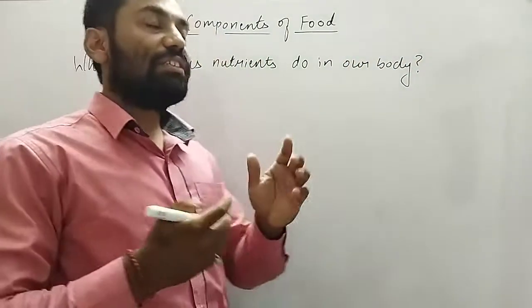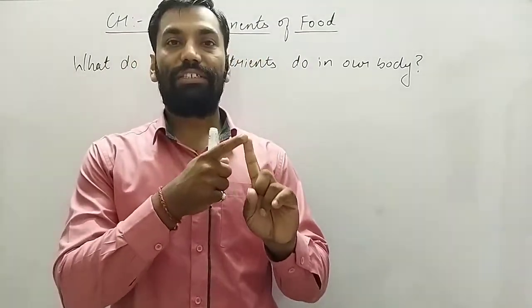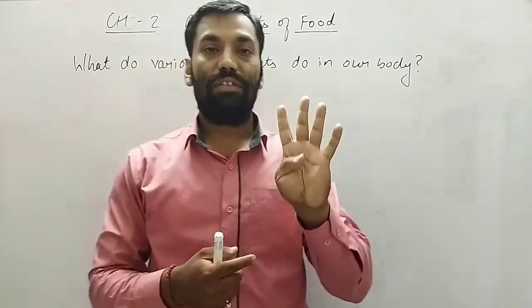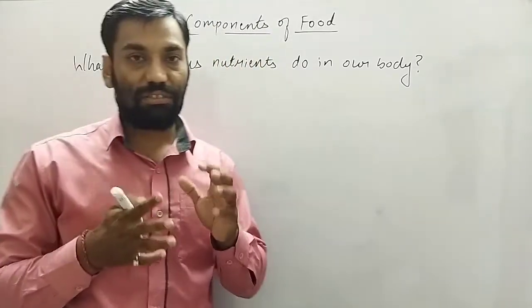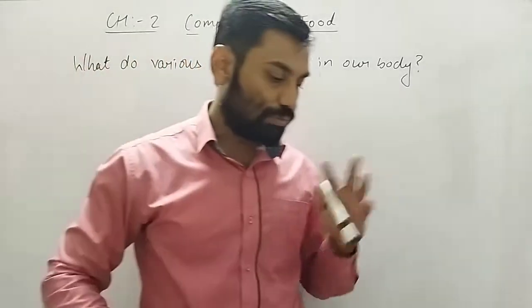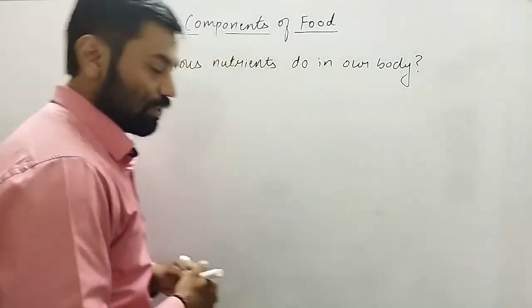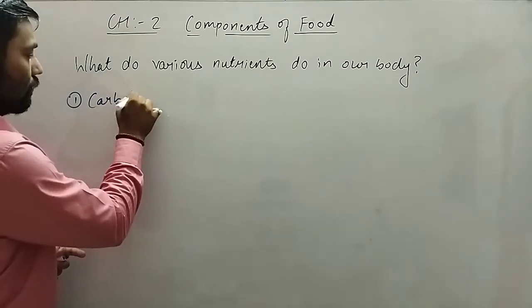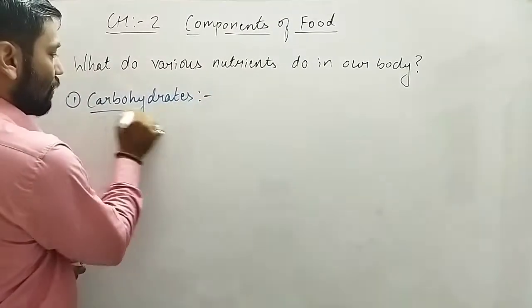We have discussed that various nutrients are there: carbohydrates, proteins, fats, vitamins, minerals, roughage, along with water. So what do all these nutrients do in our body? That is what we will be discussing here. The very first nutrient is carbohydrate.